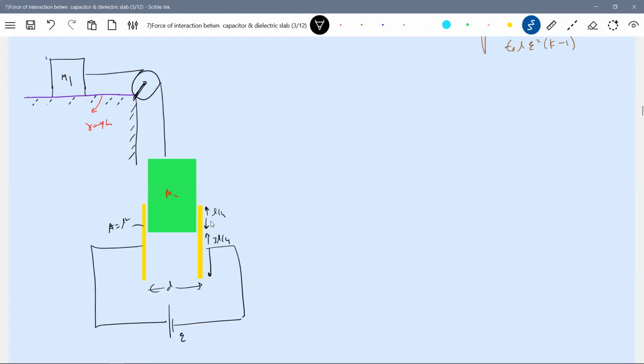I want the expression for the coefficient of friction mu.